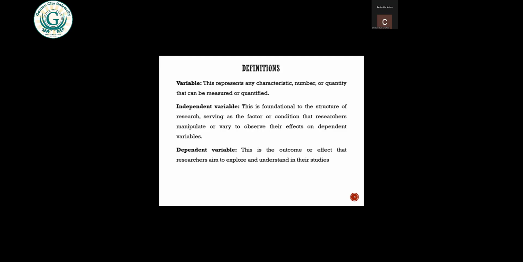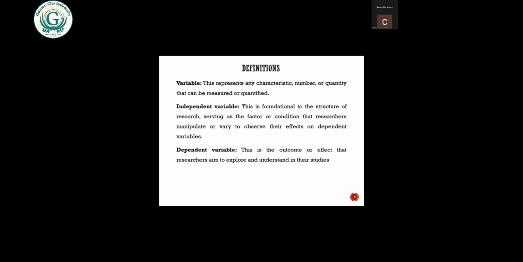So a factor that is influencing the final outcome is what we refer to as the independent variable. In our example, teenage pregnancy is the dependent variable.